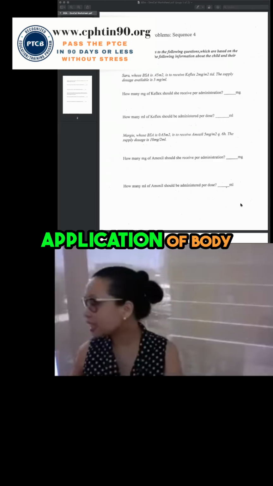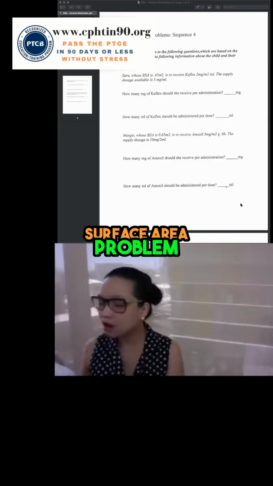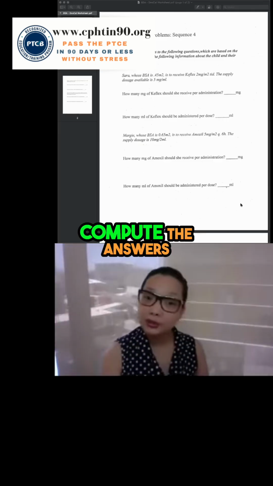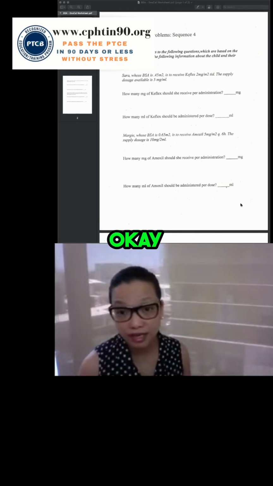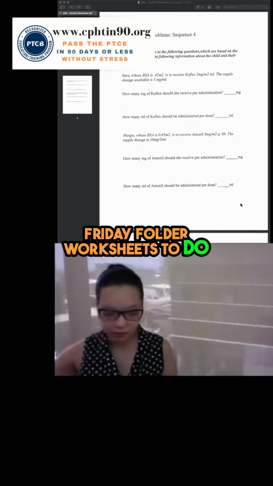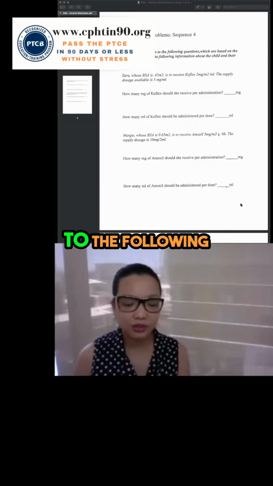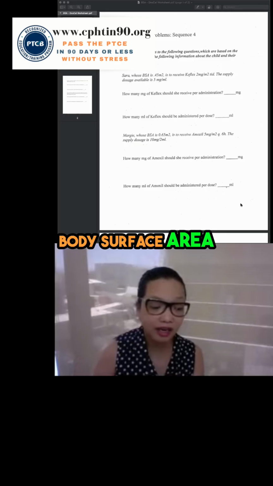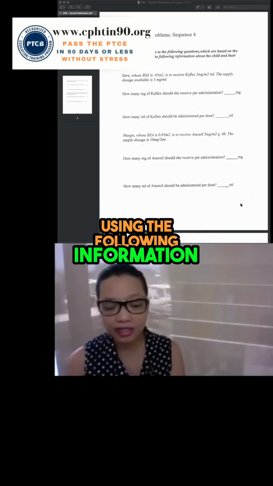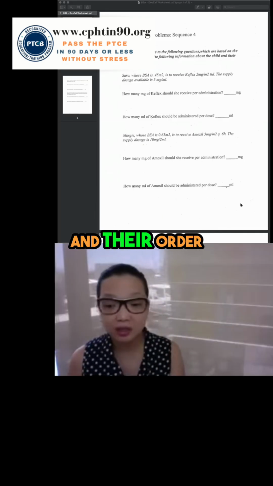Okay. This is an application of body surface area problem, dosage calculation. Compute the answers to the following questions, which are based on the child's body surface area, using the following information about the child and their order.